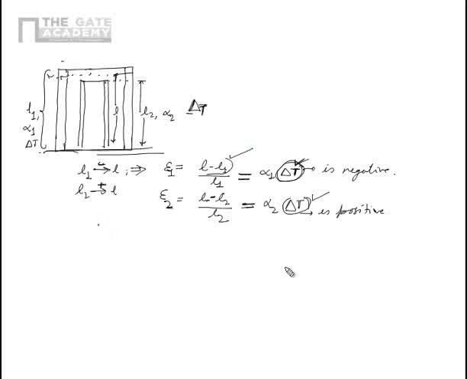So I take the absolute value of epsilon 1, which is equal to L1 minus L upon L1, and the absolute value of epsilon 2 is L minus L2 upon L2. This is equal to alpha 1 delta t, and this is equal to alpha 2 delta t.